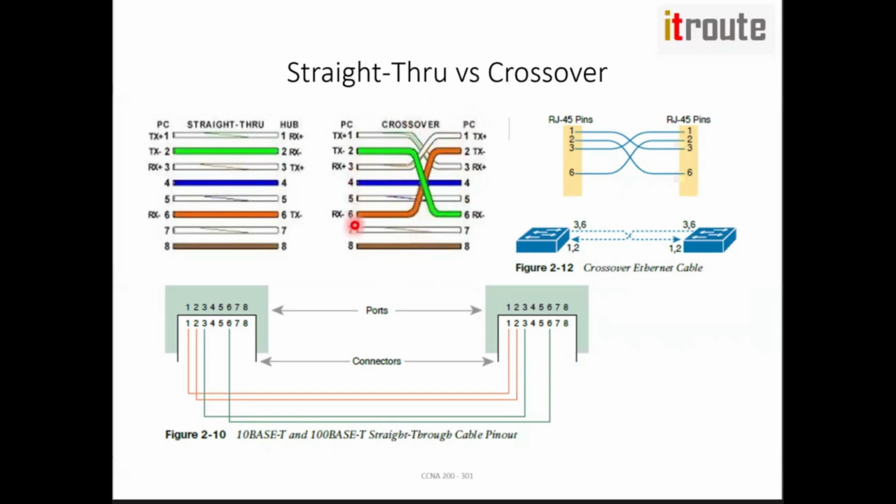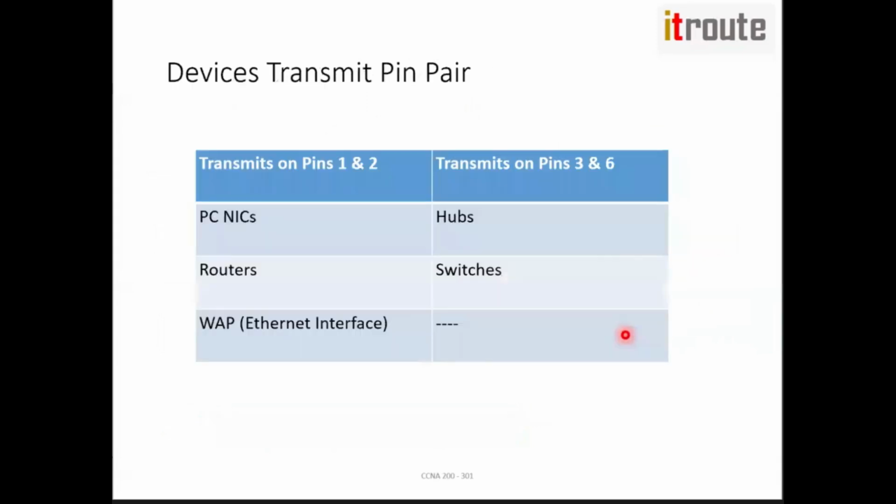Again, pin number 3 is receiving, and pin number 1 and 2 are sending. So for the same types of device, we should use a crossover cable, and for different types of device, we should use a straight through cable. That's why different devices have different transmission capabilities. Let's say PC, NIC card, routers, and wireless access points transmit on pin number 1 and 2.